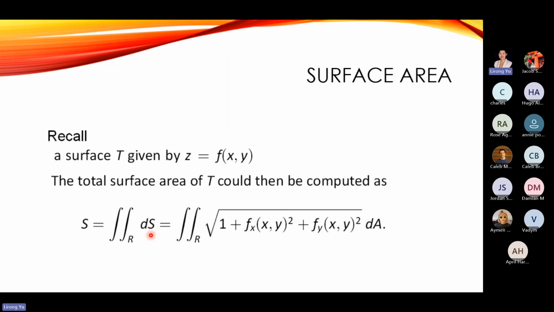The capital S is a surface area differential. It's a special differential. This dS equals the square root of 1 plus fx, the partial derivative, squared, plus fy, the partial derivative, squared, multiplied by dA. This whole thing equals dS. That's the surface area calculation.